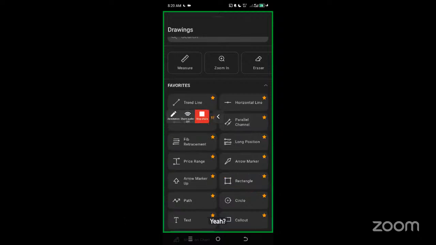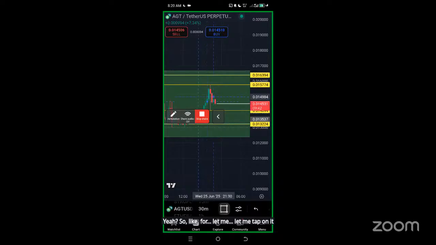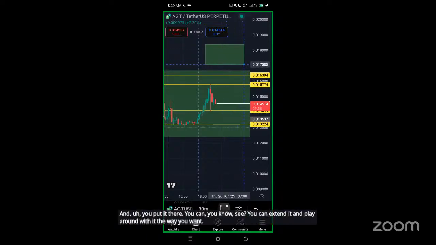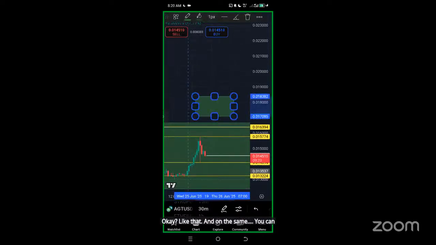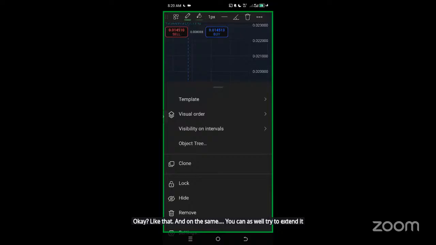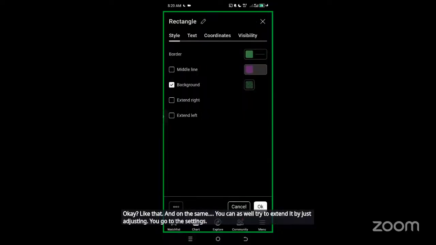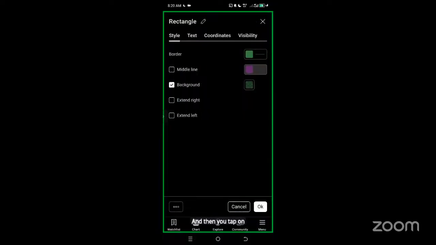So like let me tap on it. If it is like this, for example, and you put it there, you can extend it and play around with it the way you want. Okay, like that. You can as well try to extend it by just adjusting. You go to the settings, and then you tap on this very part.